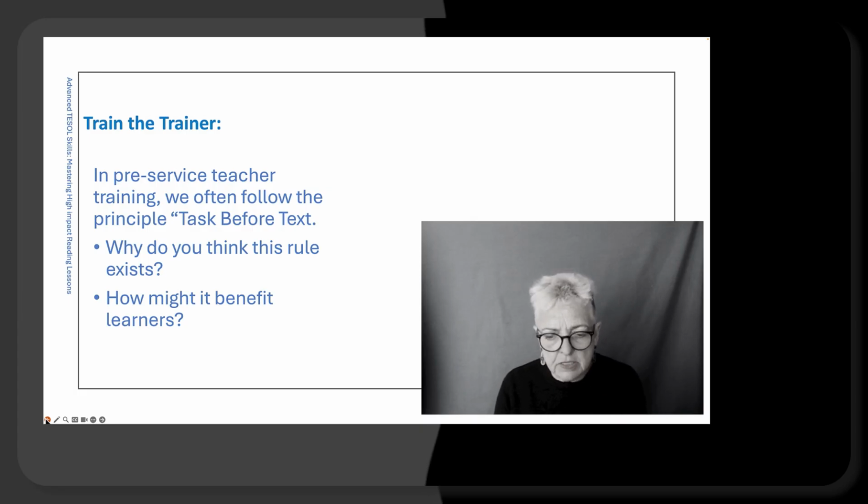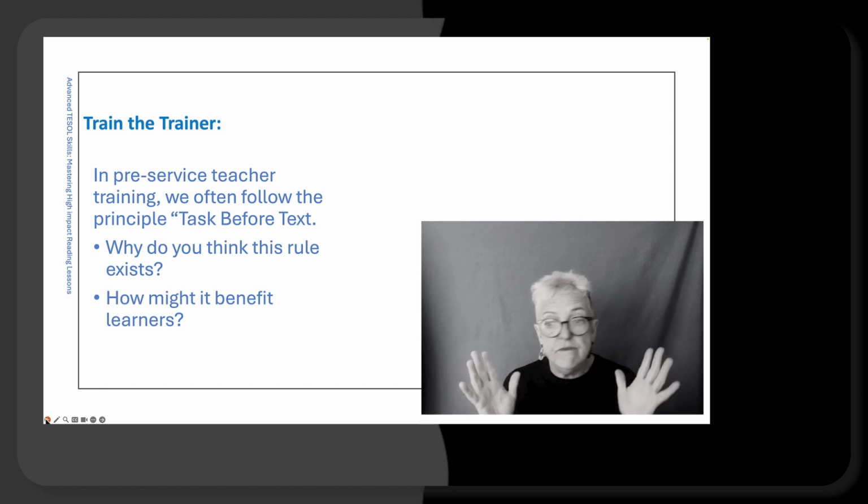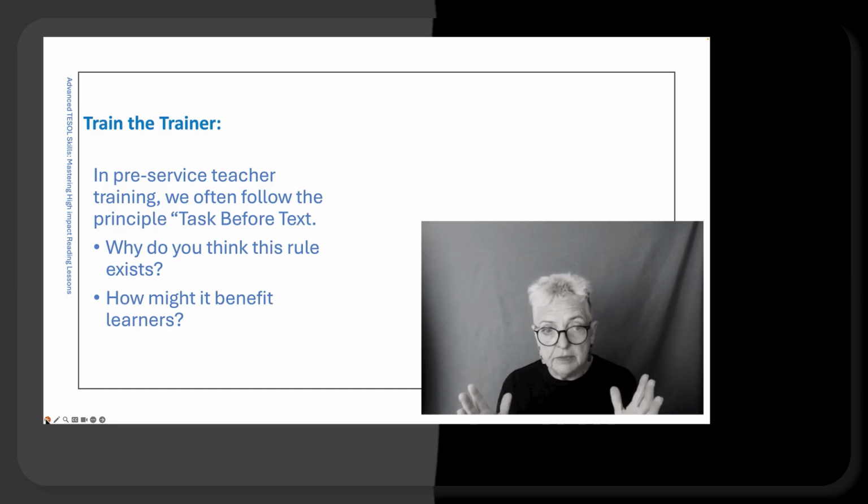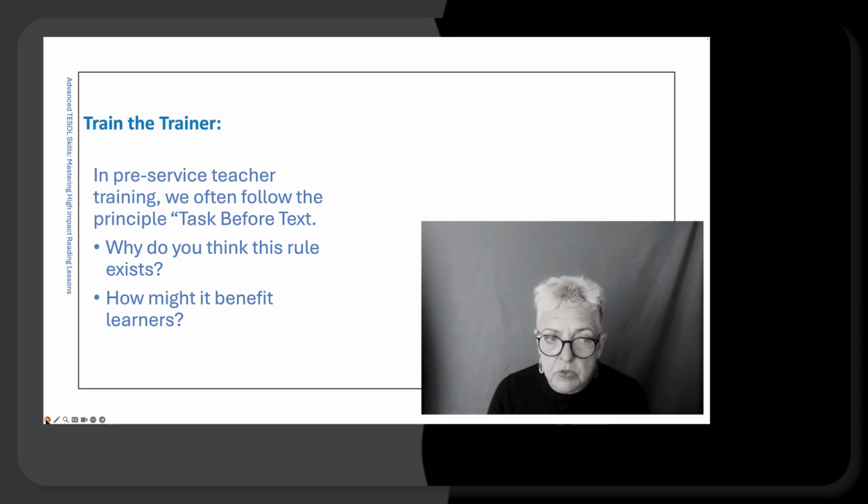If you give the task after the text, they have no idea what they're reading for. So they're going to try and focus on every single thing, every single word. So as a rule, always give tasks before text. I would say the exception would be at advanced levels where perhaps the text is quite short and you may want to test them in a different kind of way.